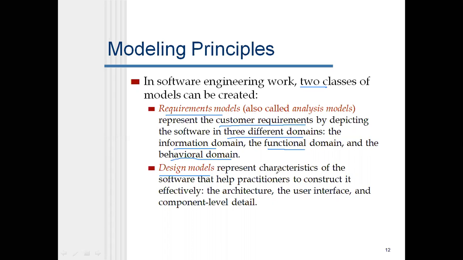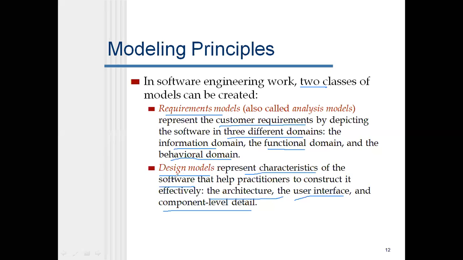Coming to the second one, design models. These design models are used to represent the characteristics of software. How are we going to represent the characteristics of software? By drawing an architecture related to a project or system, and also designing the user interface, and also designing component level details.